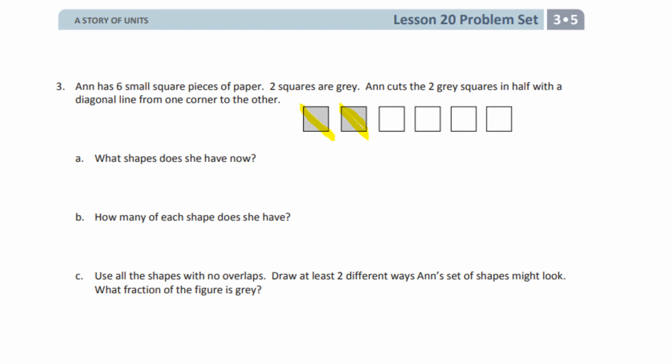There are 2 shapes. I have a feeling you are smart enough to know. How many of each shape does she have? With no overlaps, draw at least 2 different ways in a set of shapes. And what fraction of the figure is gray? I will give you some time to work on this.